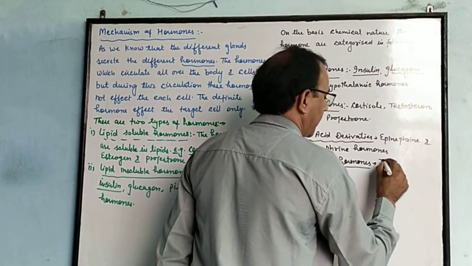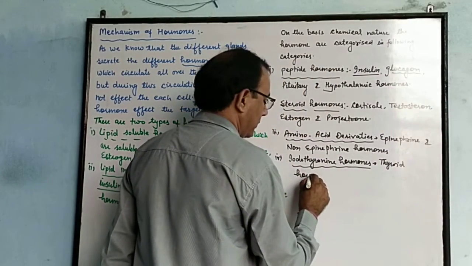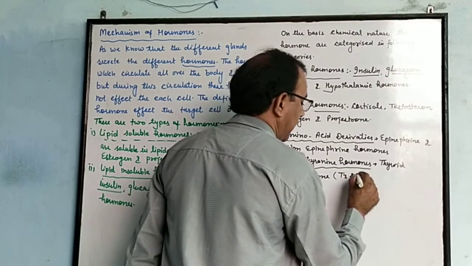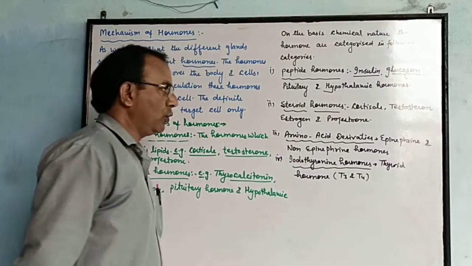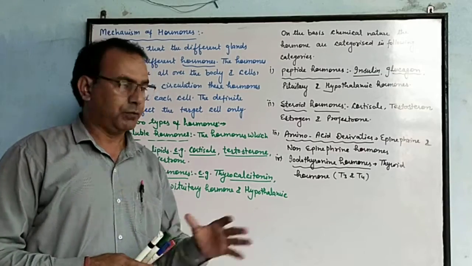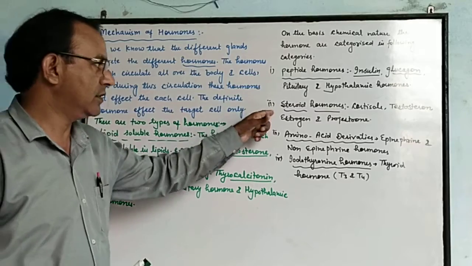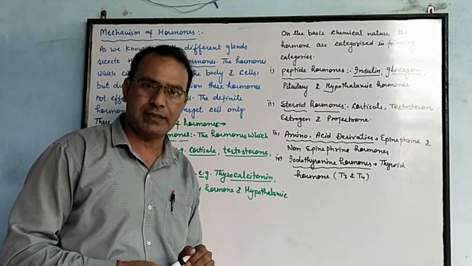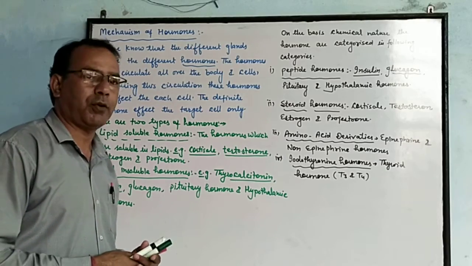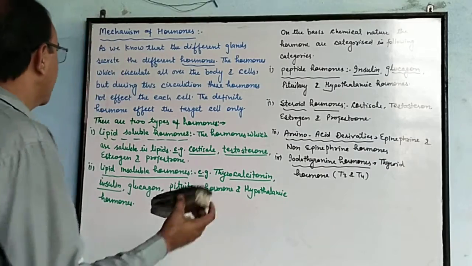So on the basis of chemical nature, hormones are categorized into four: peptide, polypeptide or protein hormones; second, steroid hormones; third, amino acid derivatives; and fourth, iodothyronine hormones, which are known as thyroid hormones.